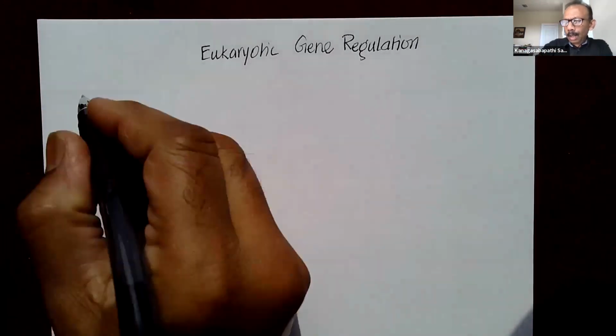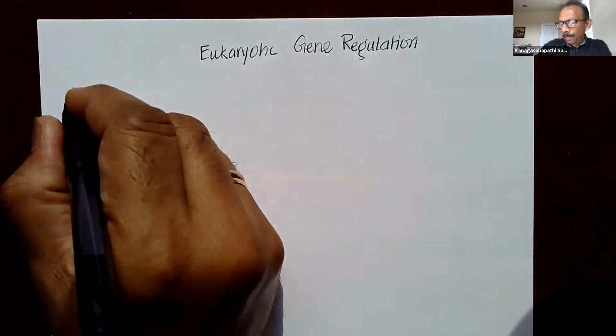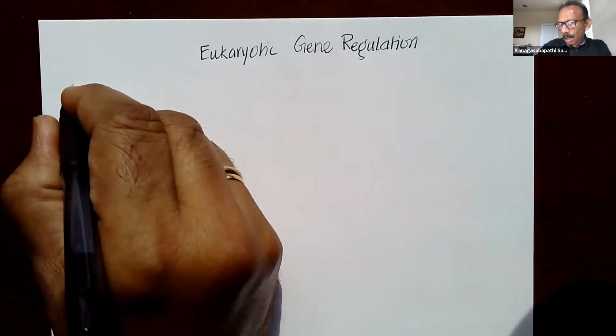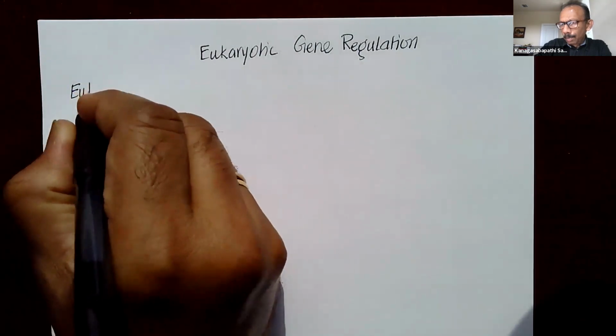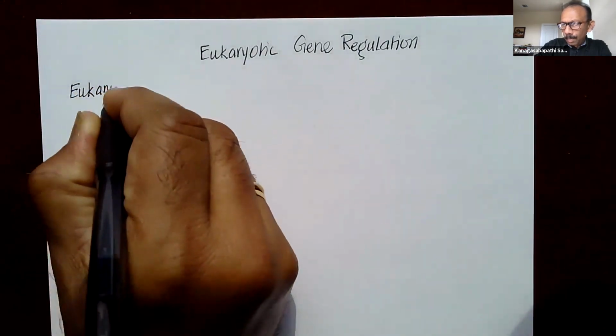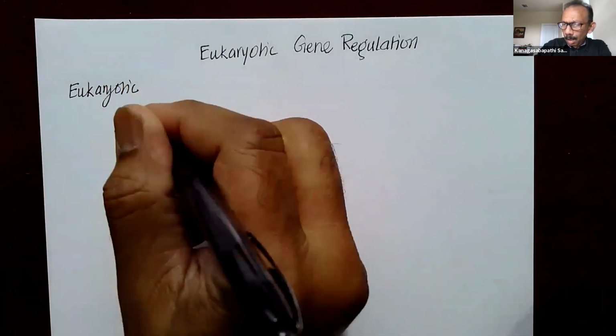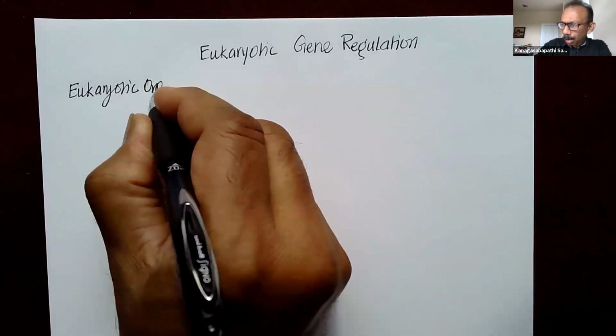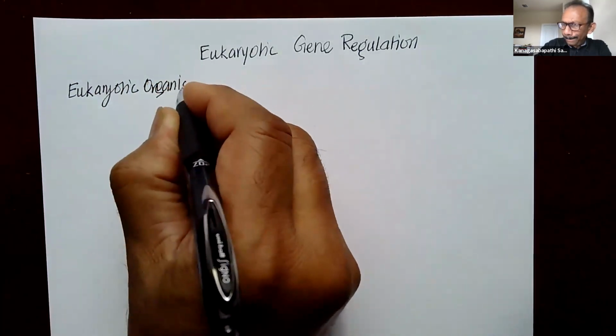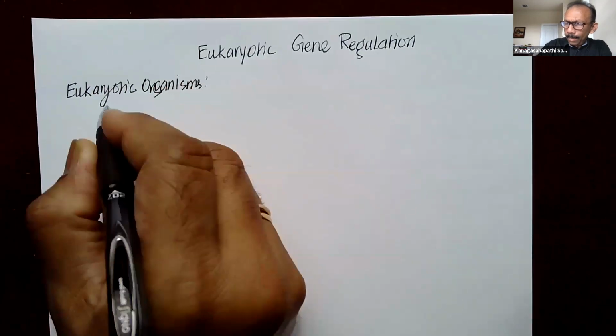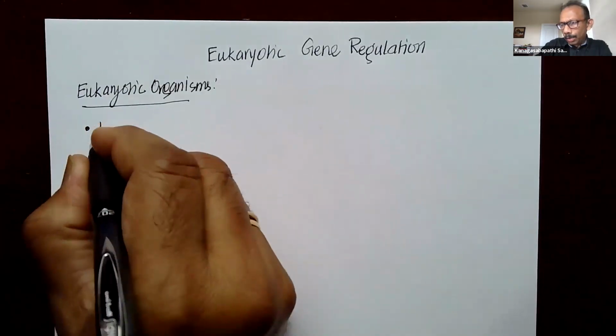Okay. So the eukaryotic organisms are multicellular mostly.